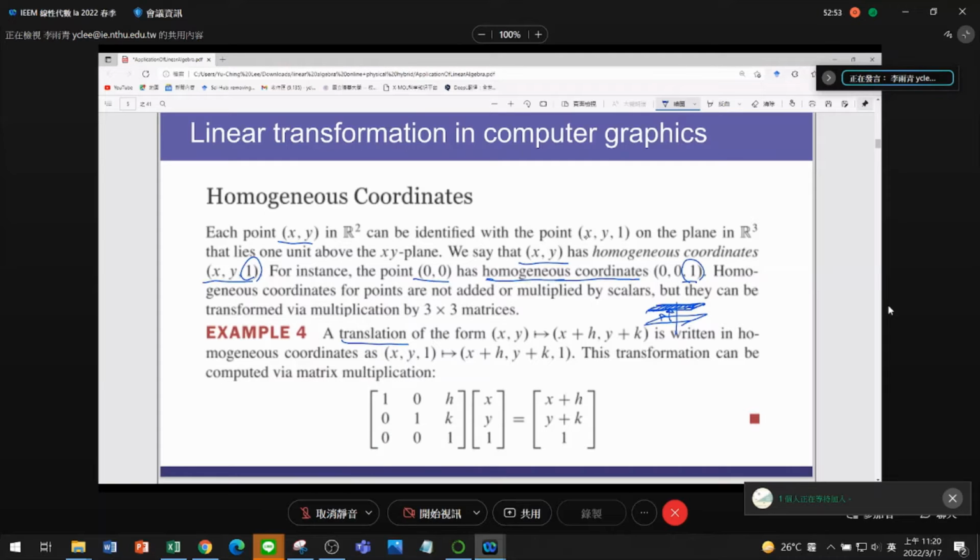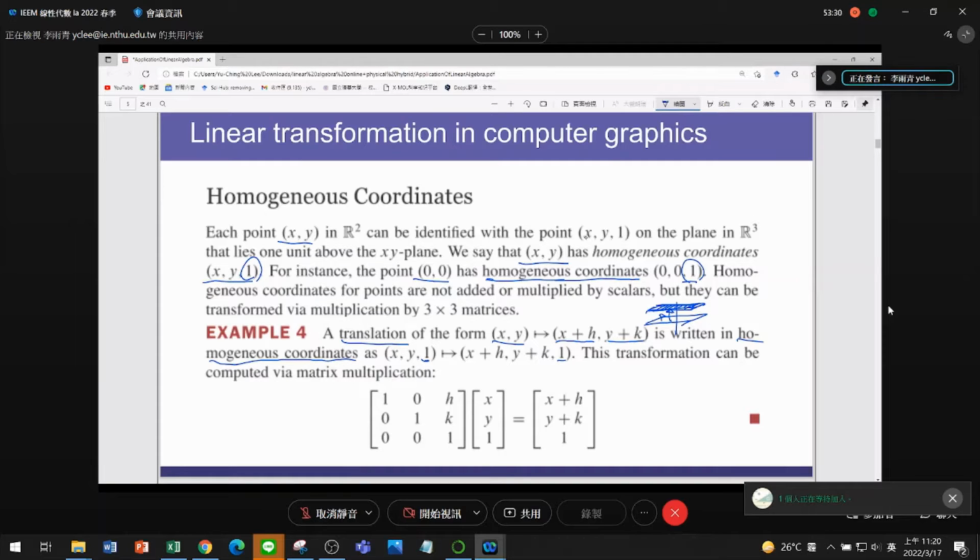So we'll consider a translation of the form xy to x plus h and y plus k. And then we want to write this point xy, this translation, in homogeneous coordinates. So both xy and x plus h and y plus k need to add an additional dimension and then put 1 in that position.